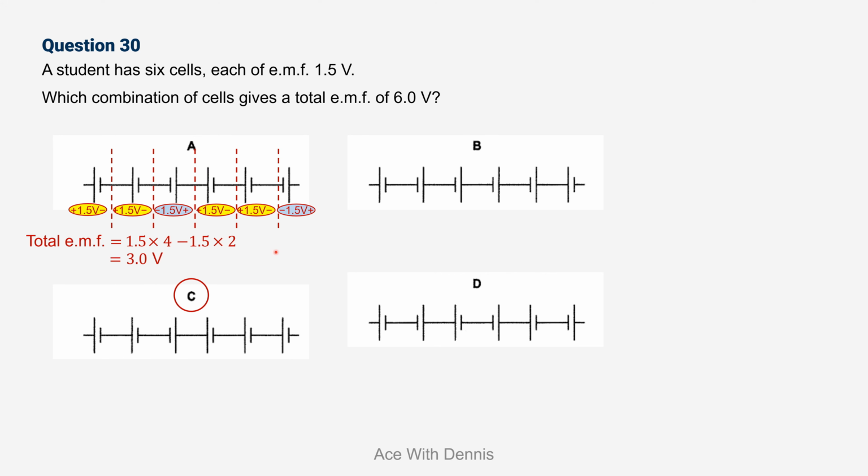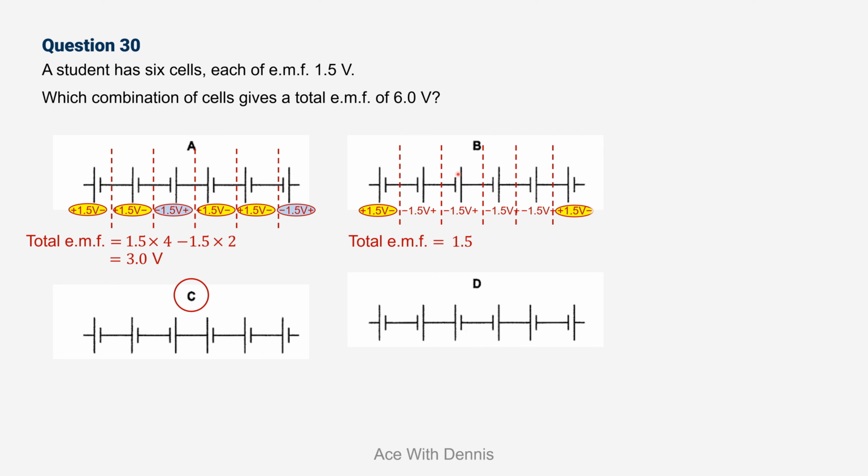So repeat the same process for the other options and see which ones give us the total EMF of 6.0 volts. So for option B, again split it into each cell, and this is the voltage direction for each cell. So this is positive 1.5 volt minus, 1.5 volt positive, and all the way to the last one. And we do the same thing, calculate the total EMF.